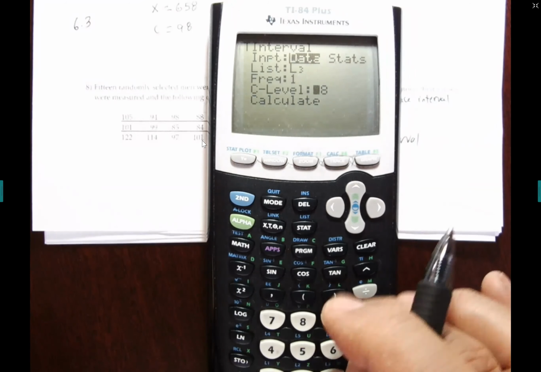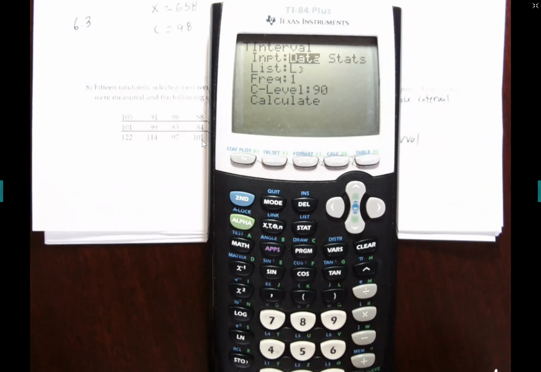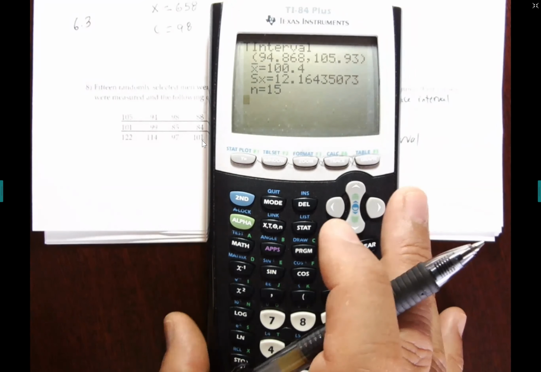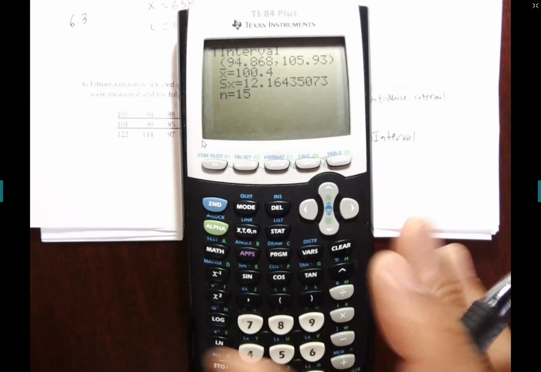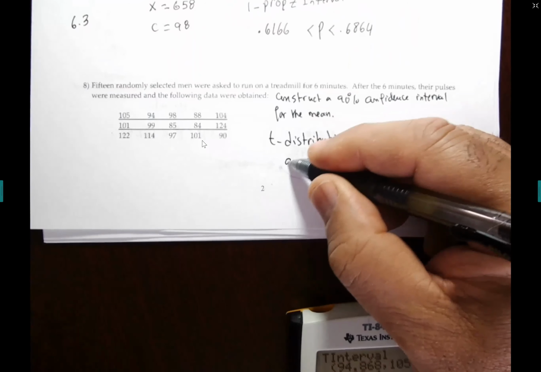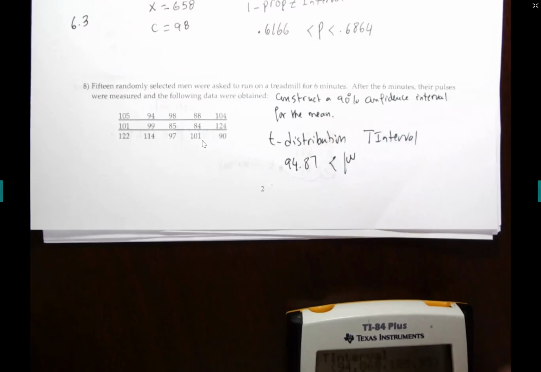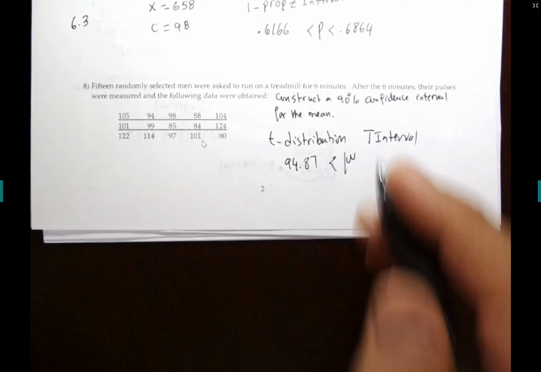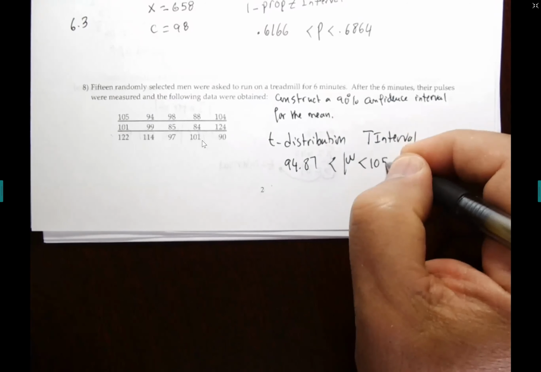And I want a 90% confidence interval. Okay. So it's 94.87. And the other value is 105.93.